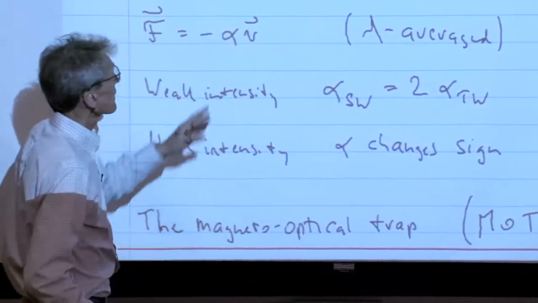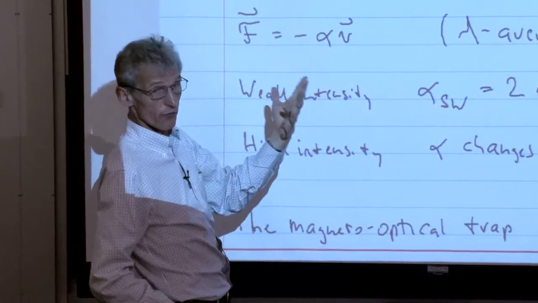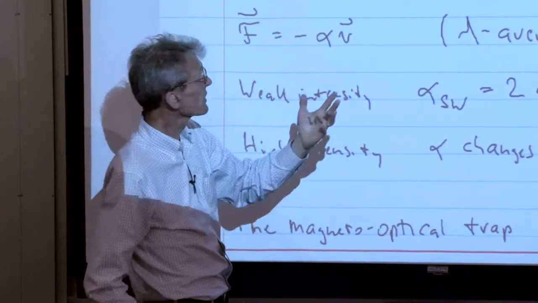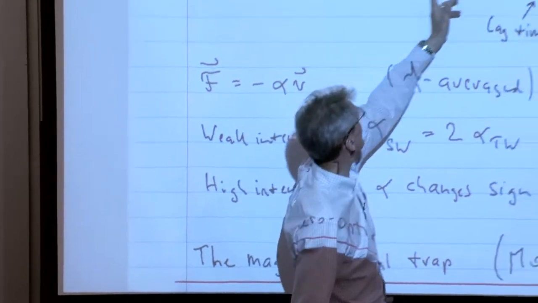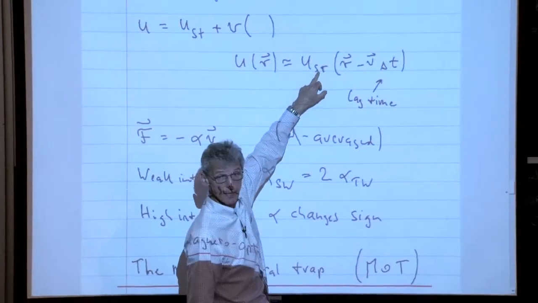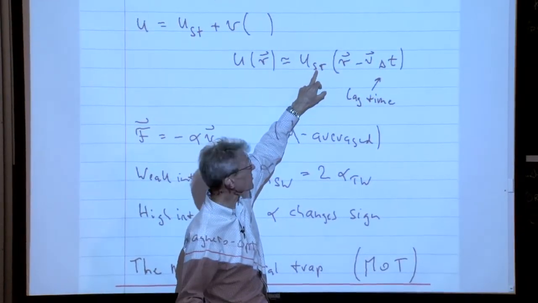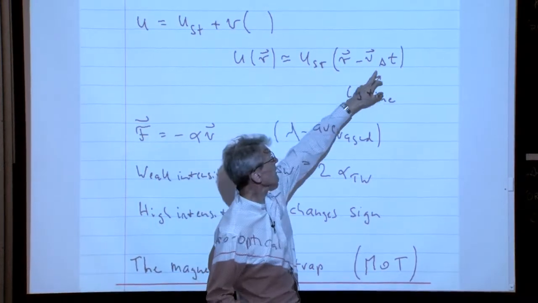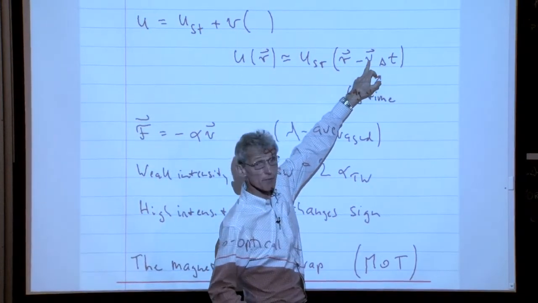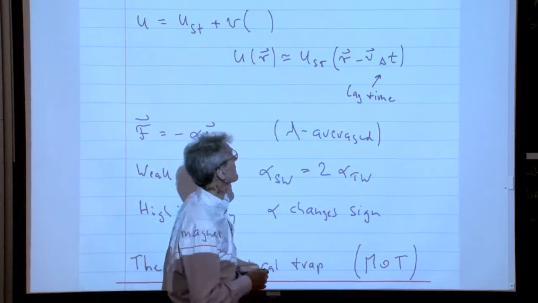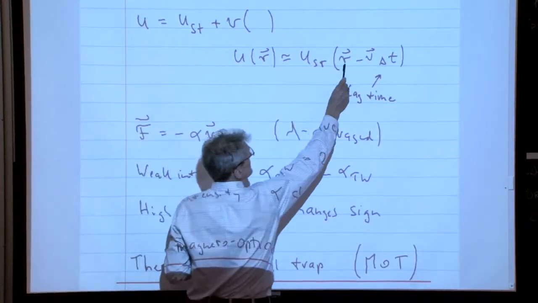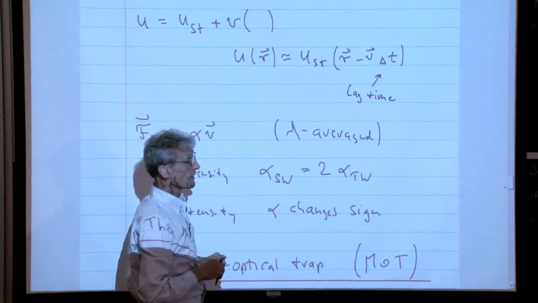In other words, the internal degree of freedom, the population of ground and excited state, will lag behind the steady state solution by a lag time, which is a spontaneous emission time. If I multiply that lag time with the velocity, it's pretty much a spatial displacement.